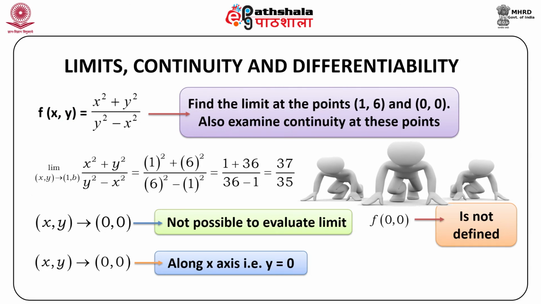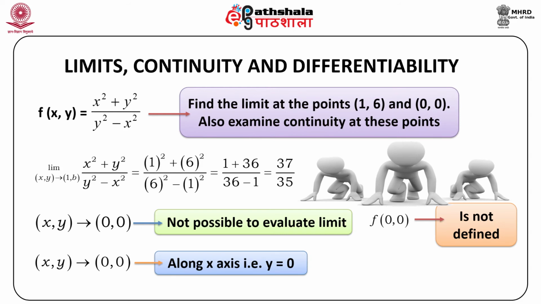Example: find the limit of f(x, y), which is equal to x square plus y square upon y square minus x square, at the points 1, 6 and 0, 0. Also examine continuity at these points.